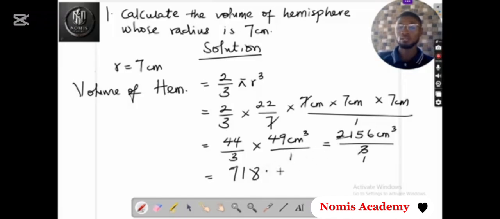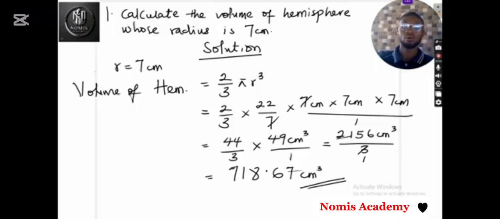So in 20 it will be 6, I'll be left with 20, so I will have 0.67 centimeter cube. So the volume of the hemisphere, whose radius is 7 centimeter, is 718.67 centimeter cube, and that is the answer to that question.